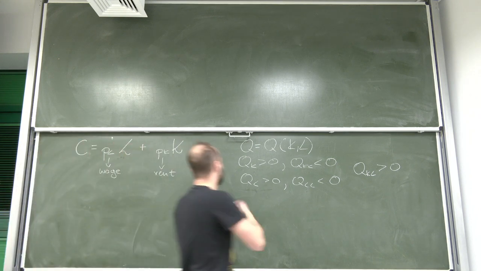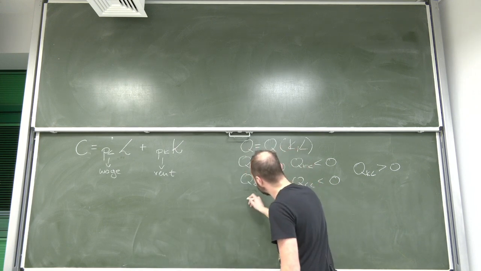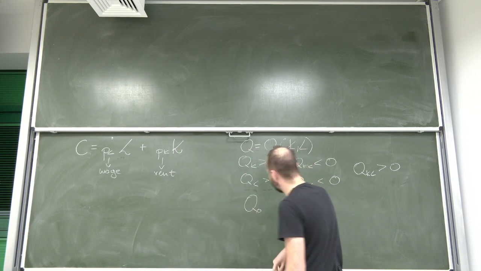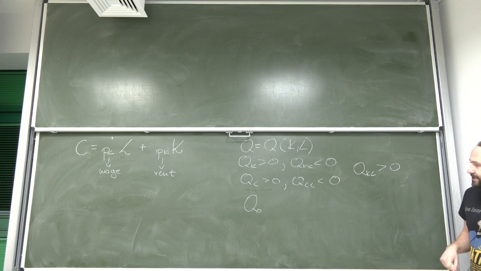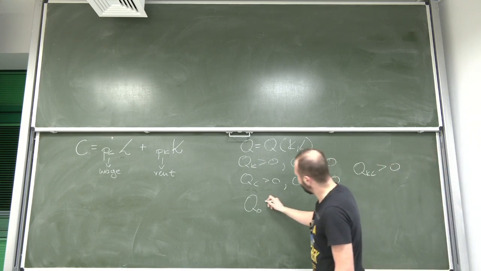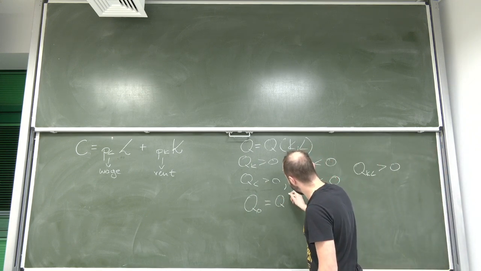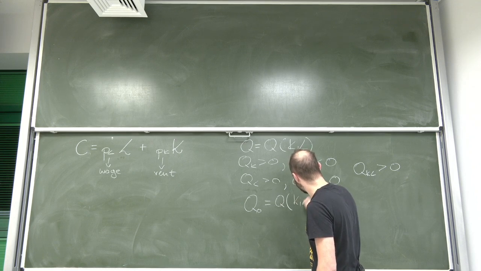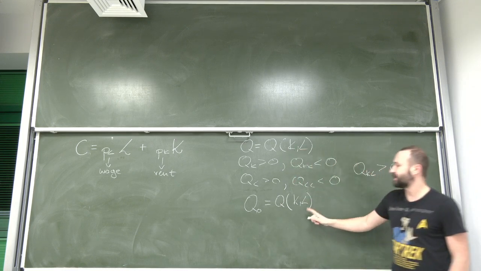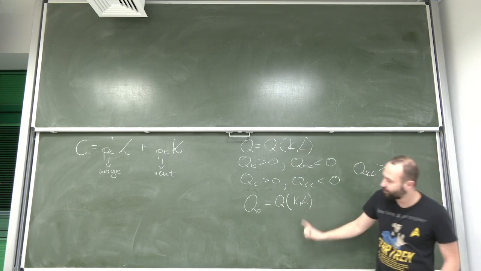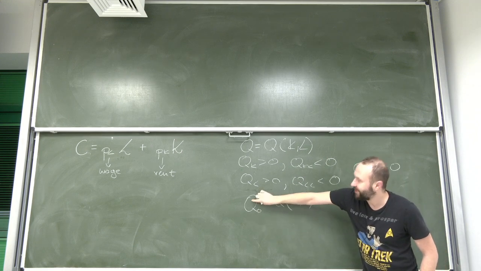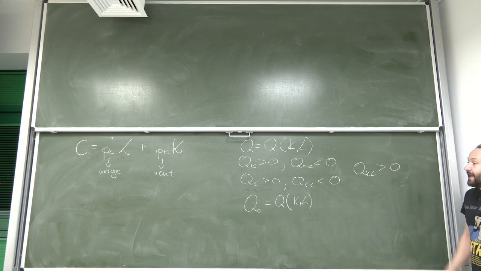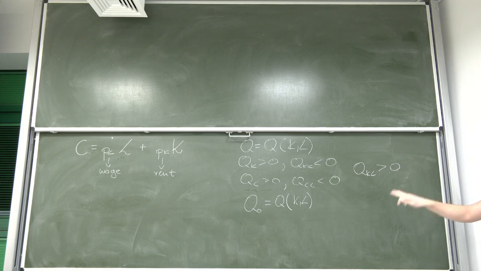Okay, so let's just say that this fixed level is Q0, right? So we got that we need to combine capital and labor in such a way that we're going to produce exactly Q0. And this is actually going to be our constraint, right?